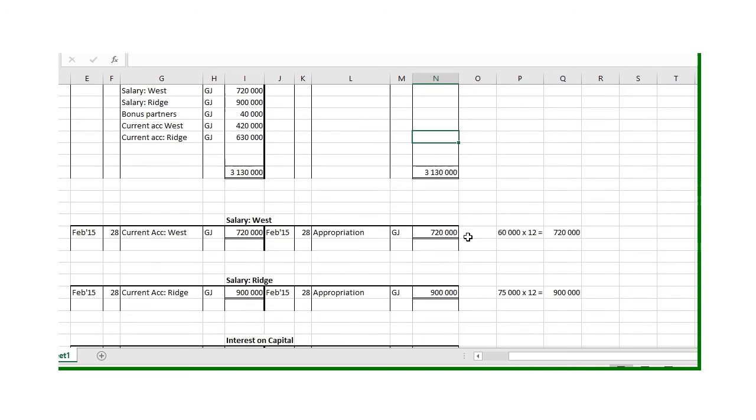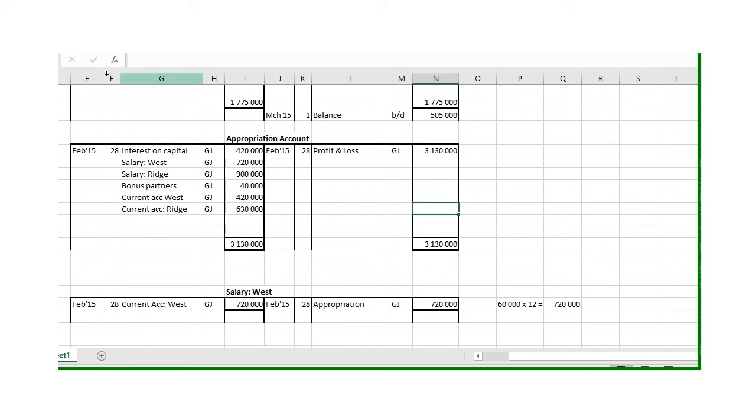And that is basically everything we had to do. For this specific question, you did not have to do all the other accounts. So let's quickly recap if you only have to do the appropriation. On the debit side, you'll put whatever interest they've got, both of them together. You'll put in their salaries individually for the year.